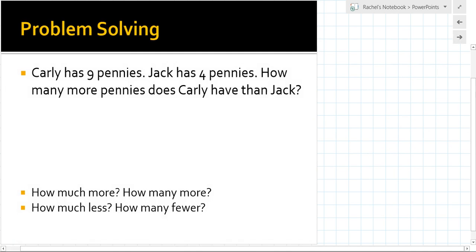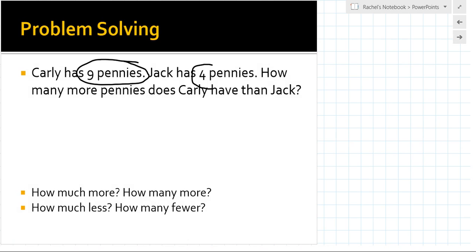So looking at an example problem, we started with this problem today to help us remember what a comparison problem looks like and what the structure of it is, but this is actually a comparison problem using subtraction. Carly has 9 pennies. Jack has 4 pennies. How many more pennies does Carly have than Jack?